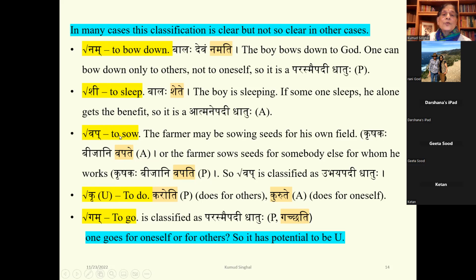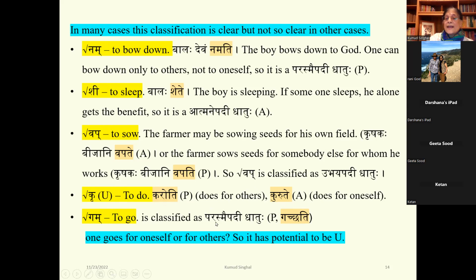Another example of an ubhayapadi dhatu is dhatu kri, which means to do. If the action is performed for the benefit of others, then the form will be a parasmaipada form, karoti. And if it is done for oneself, then it will be kurute. This will all be clear as we go into more slides. Now let's take the dhatu gam, which means to go.